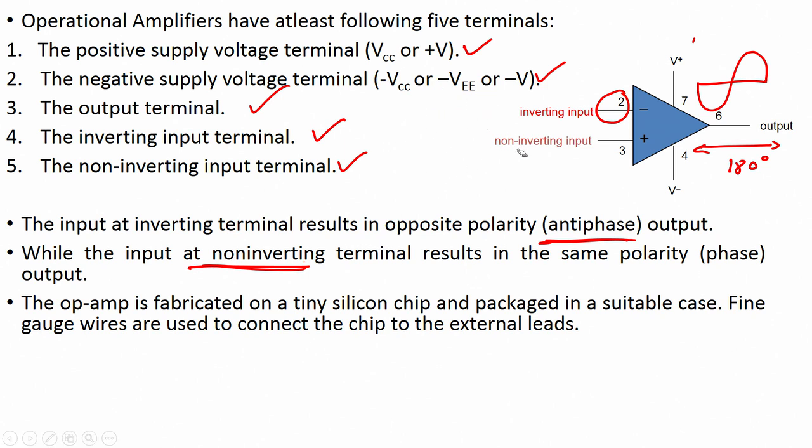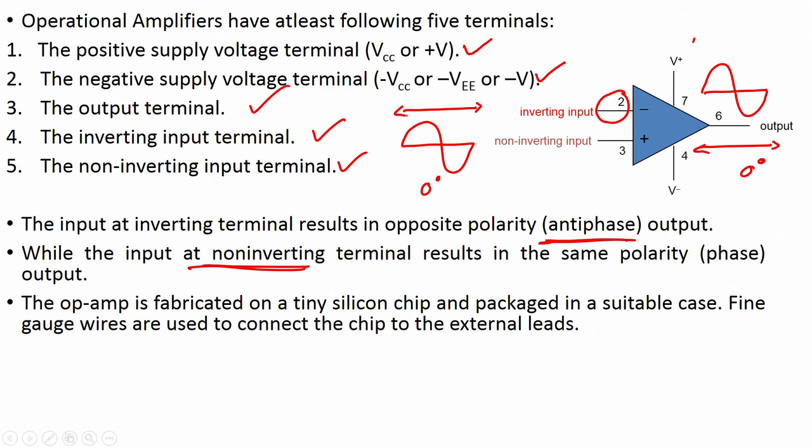I will apply input here, then my output will be in phase, you see, same polarity, alright. So, now we understand, right, that if I apply input at inverting, output will be out of phase. If I apply signal at non-inverting, output will be in phase.